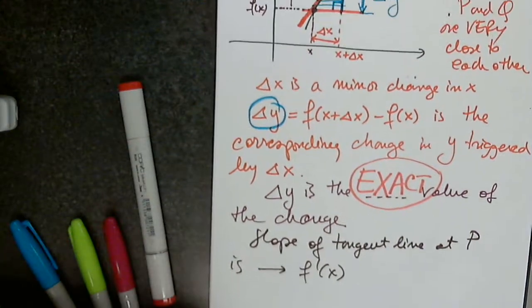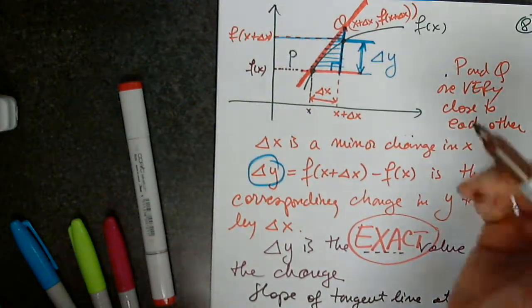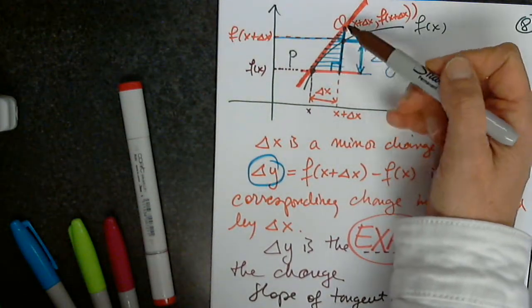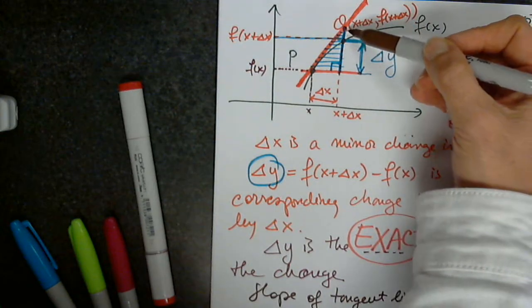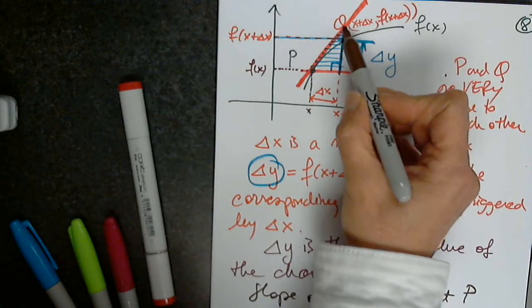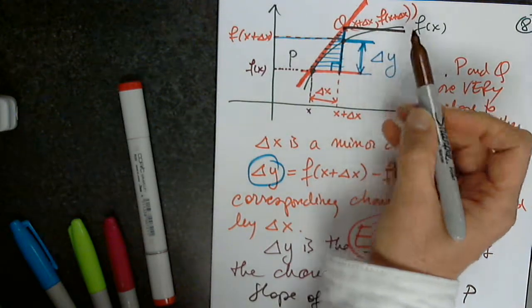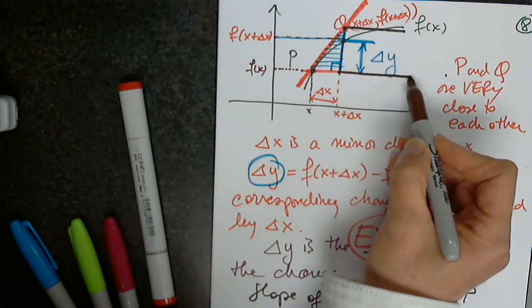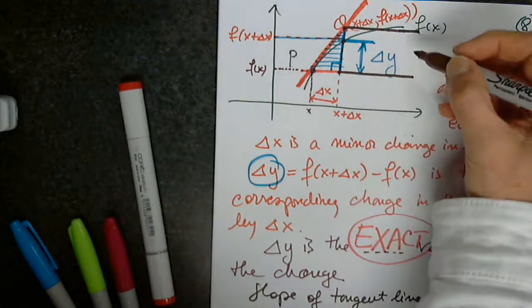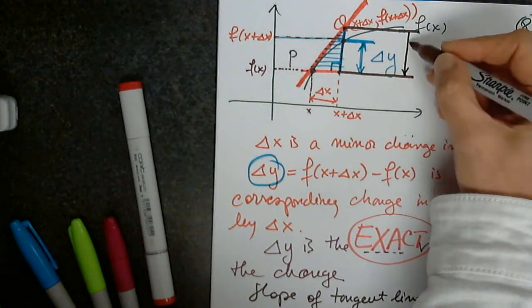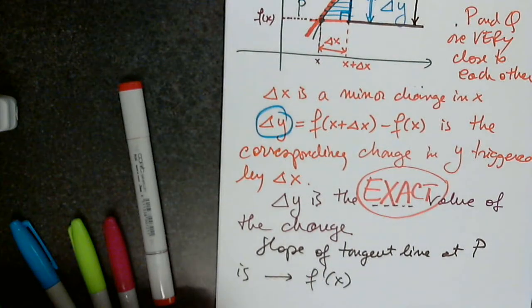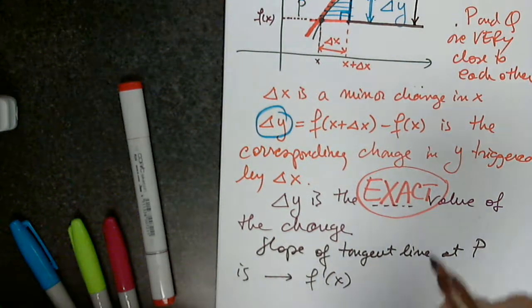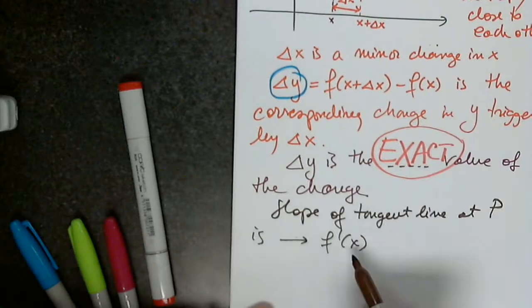Good. Now, I have a piece here that I am after. I'm trying to identify this piece. Now, I know that the slope of this line is f prime of x.